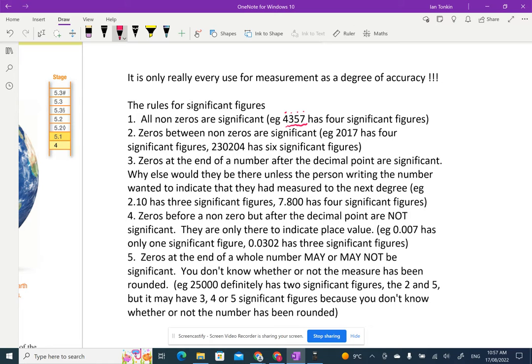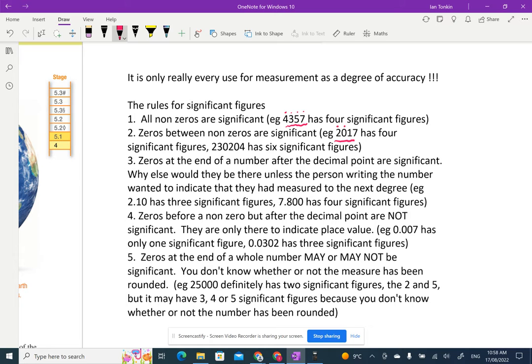Now, zeros between non-zeros. And now we're getting a little bit complicated, so you've got to understand what zero is and what a non-zero is. A zero is just zero, and a non-zero is any other number. So let's think about it. If we look at this, 2017, how many significant figures? Well, four. Why is that so? The reason is because I've measured the thousands.